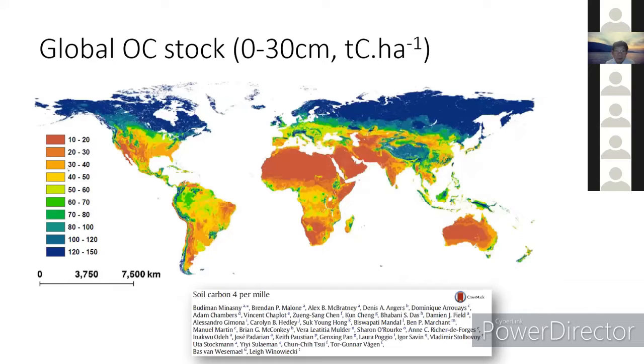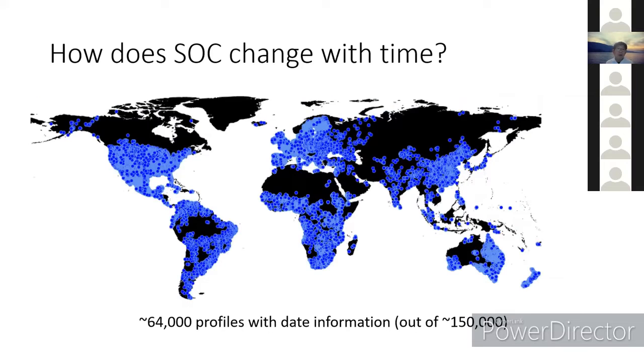So what we can do also is relate it with more dynamics. Then we want to know how does the soil carbon change with time. So we can model that, rather than running a mechanistic model, we run a simple empirical mechanistic model.